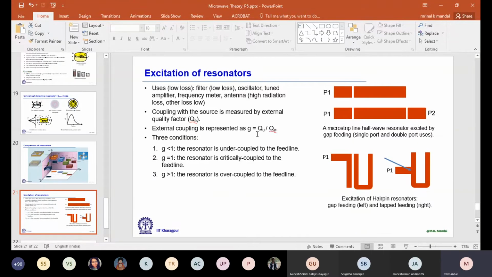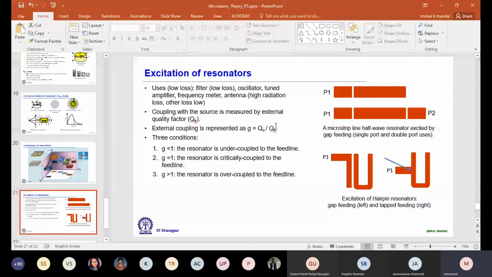So what is G? It is represented by the ratio of two quality factors, Q unloaded to Q external. The unloaded quality factor is the characteristic of the resonator. And Q external is how it is coupled to your feed line, right? So it represents the ratio. Then it is related to different coupling situations.